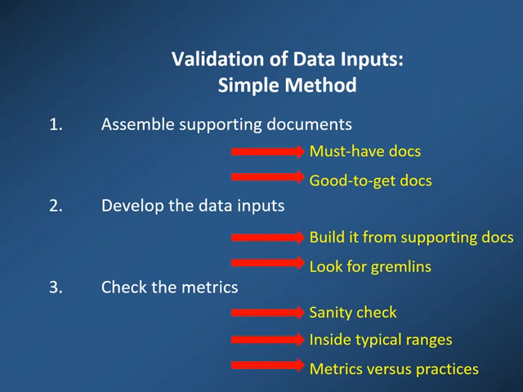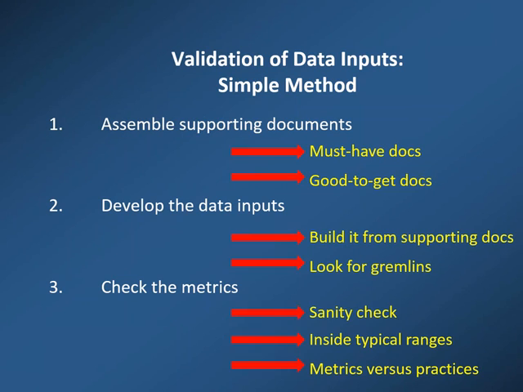The process that we reviewed for assessing the validity of the data inputs, the first step we identified was to assemble your supporting documents. What are those documents? Those are the production records, those are the billing records, those are the detail behind the inputs that go into the audit that allow you to essentially trace the breadcrumbs from where those numbers are calculated.